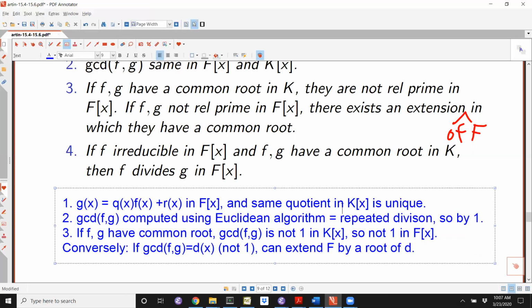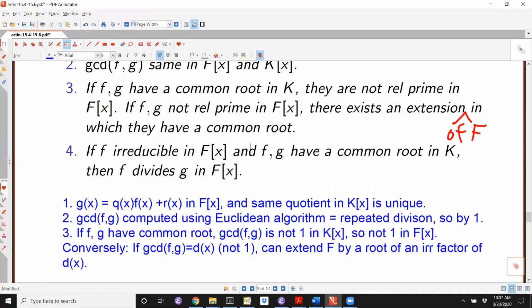So there's your extension we saw before. You can always extend a field to add a root of an irreducible factor of d.